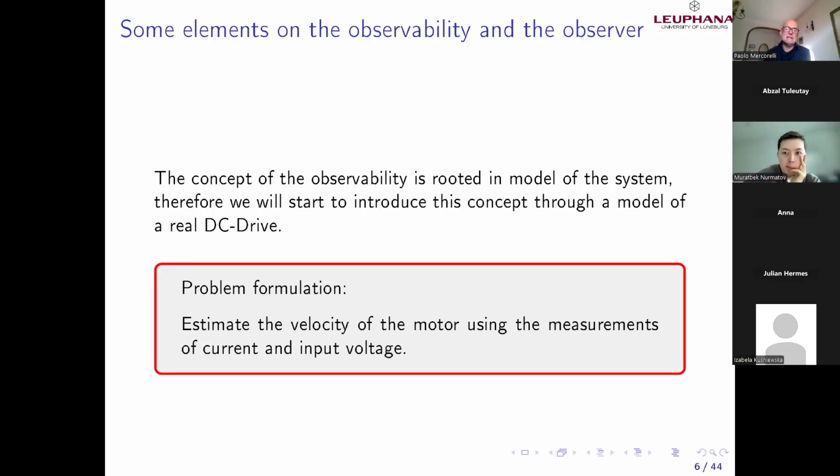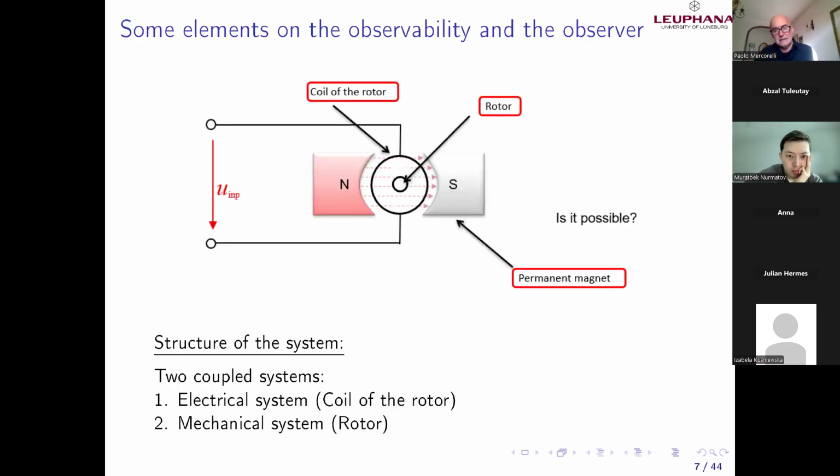Look at this example of a problem formulation. If I give you a DC drive, here, with this graphical model, please pay attention. The word model is used in order to indicate a representation.